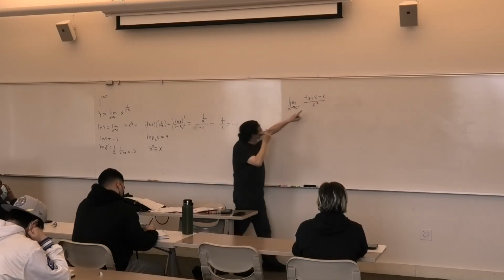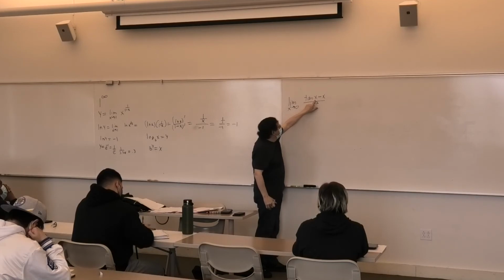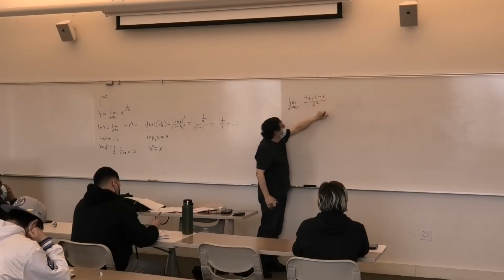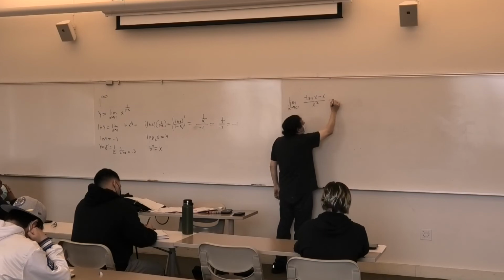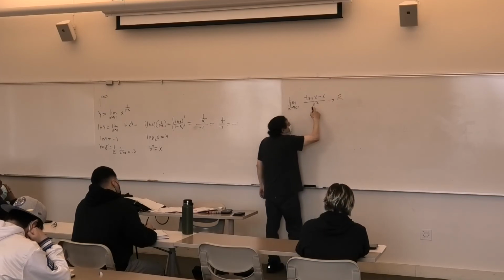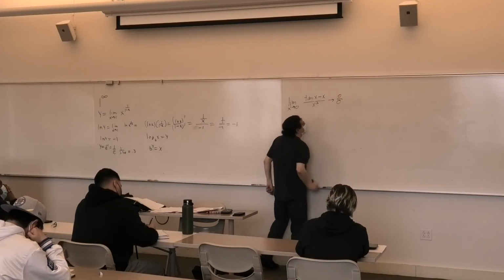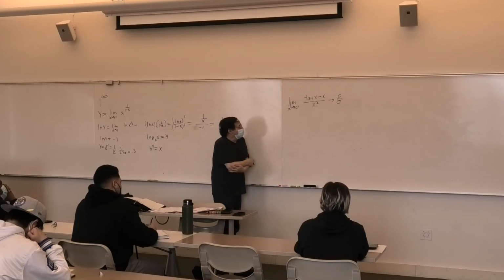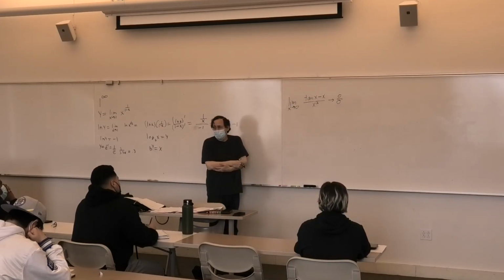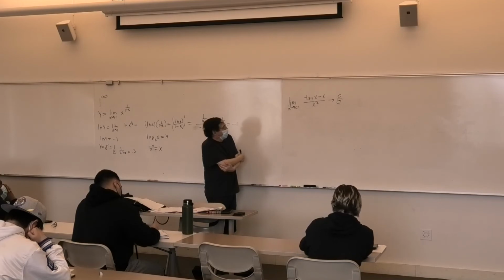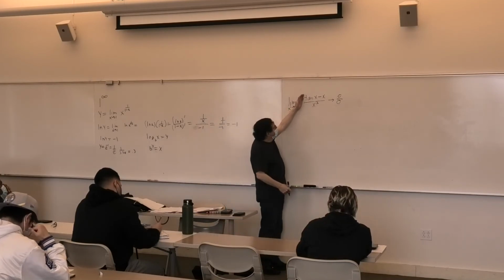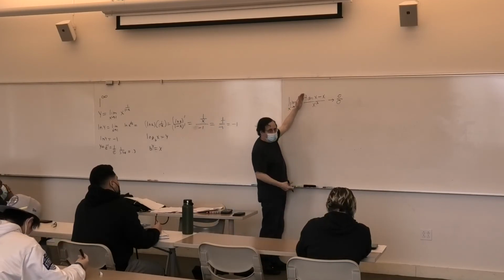Well, let's see. Tangent at 0 is 0, minus 0, 0, so that's 0. It's going to 0. And x cubed is going to 0. So it's an indeterminate form, so we can apply L'Hopital's rule. It's kind of interesting, right?